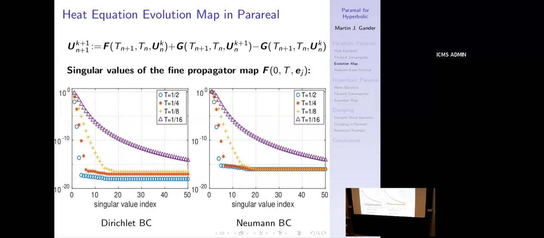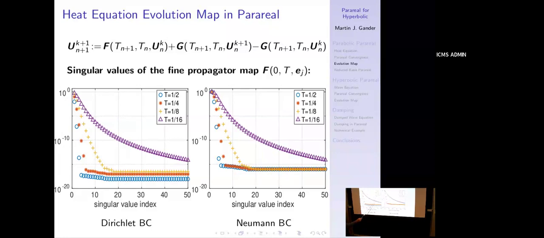Here you can see that everything is basically forgotten. There are only 3 modes, maybe a 4th mode that survives, but the scale here is logarithmic. So here I'm already at 10 to the minus 10. So virtually nothing survives in this mapping. The one that survives the best is this one. It's 10 to the minus 2. And the rest does not. If the time interval gets shorter, more survives.